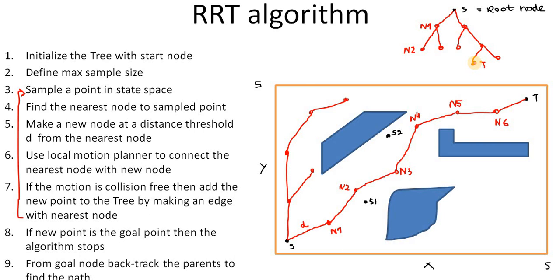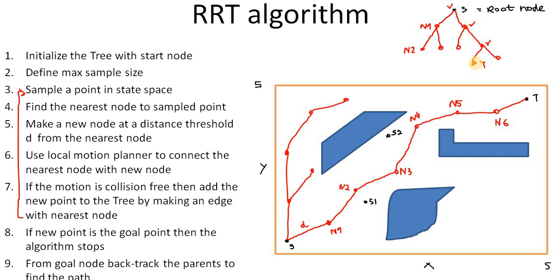What we need to do in the tree, we look for what is the parent of this node. Of course, this one is the parent. So we go to this node, and then here we look at what is the parent of this node. This one is the parent. We go to this node, and similarly from here we go to our start node. So from here, this will be our path to our goal node or target node.